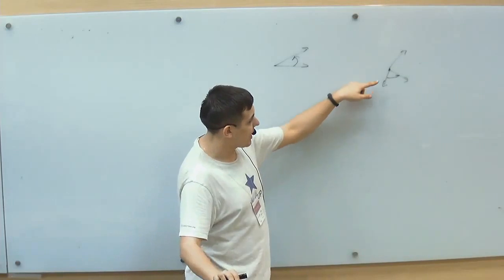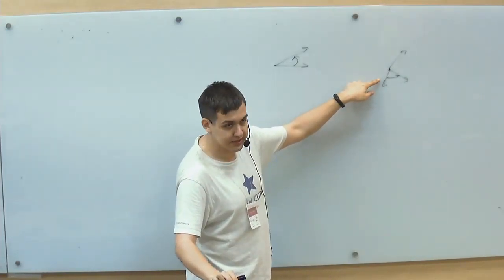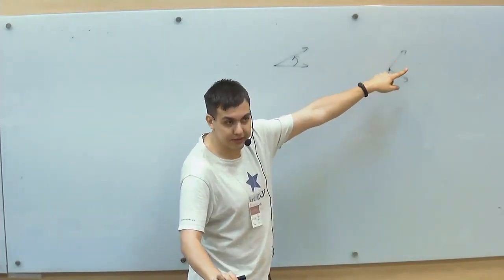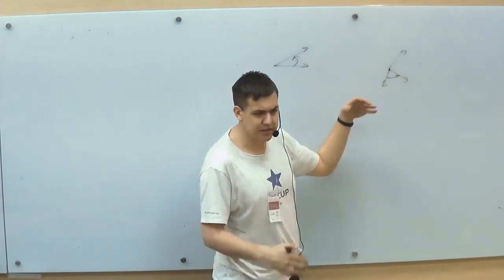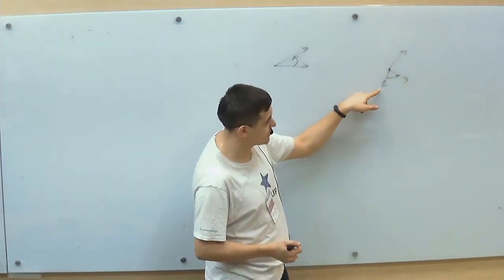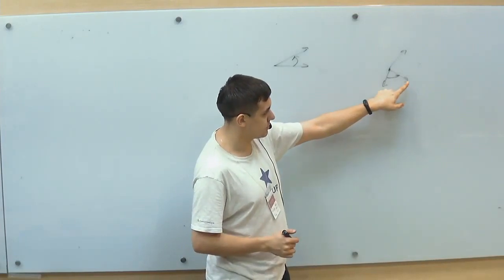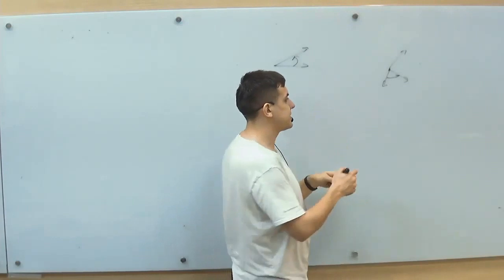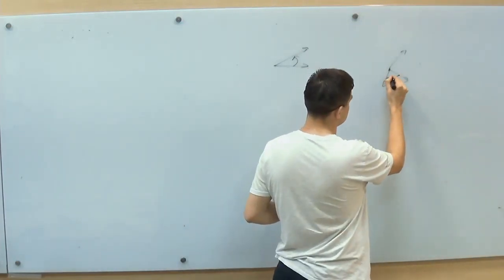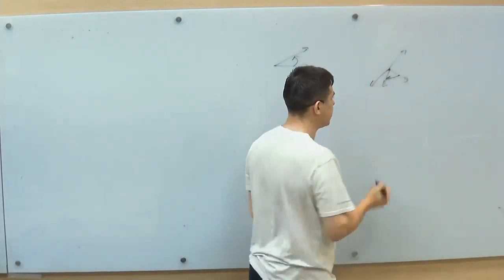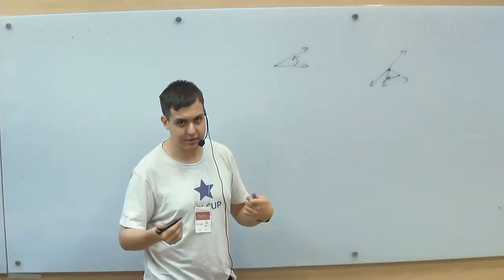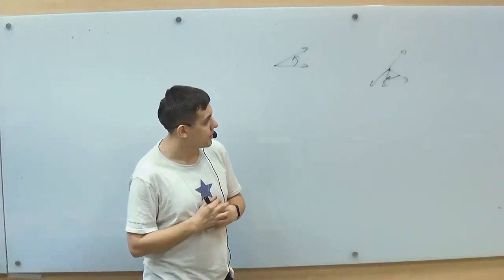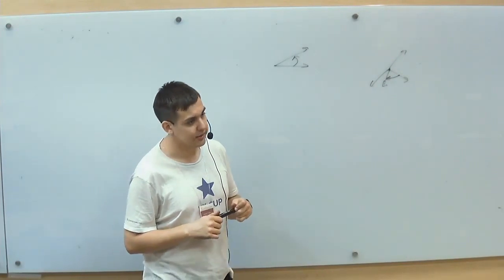So if it's counterclockwise, then the third vector must be basically above these two. So if we consider a plane on these two, then it must be above that plane. And if it's clockwise, then the third vector must be pointing down. So these are right triples, I think.